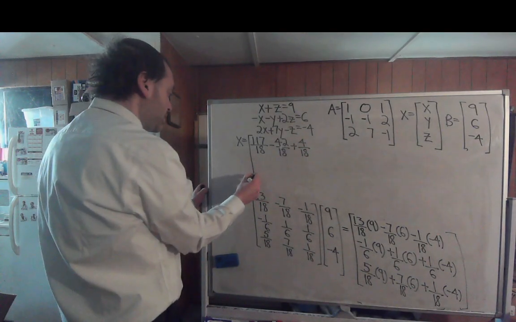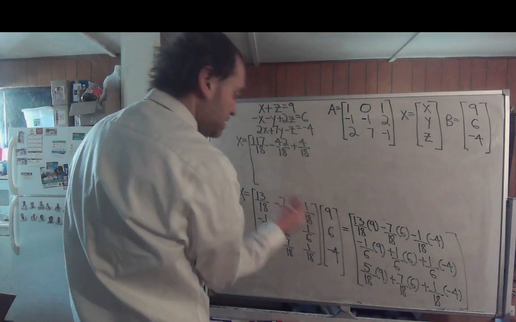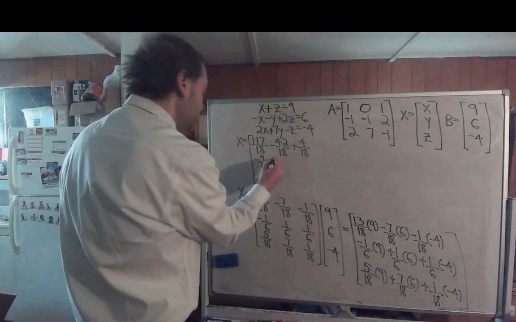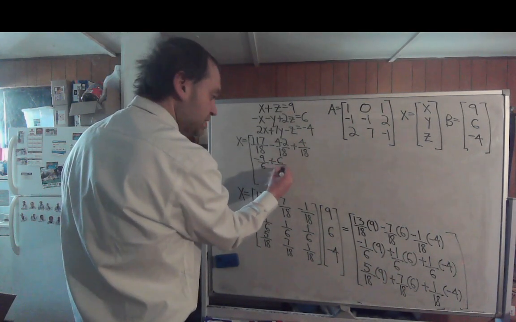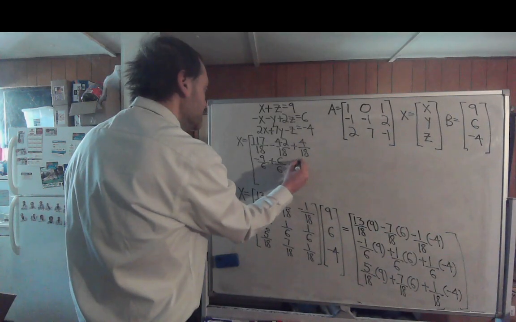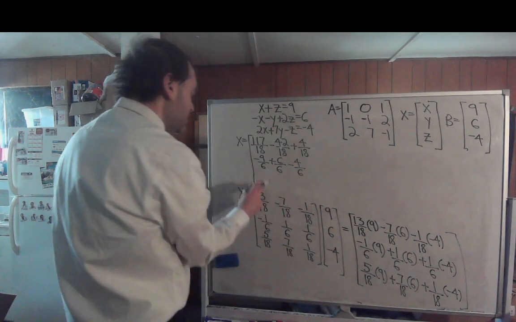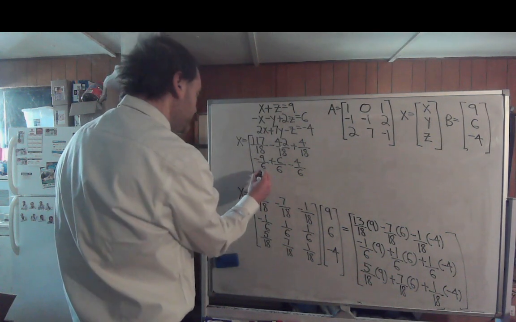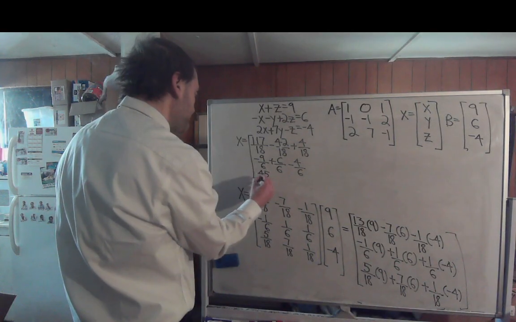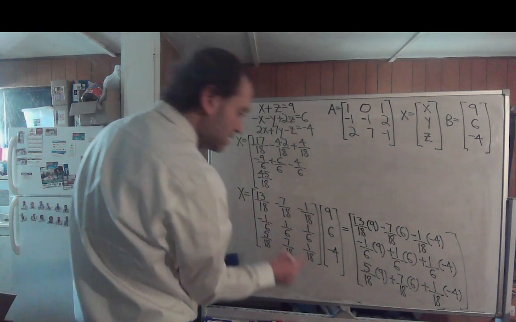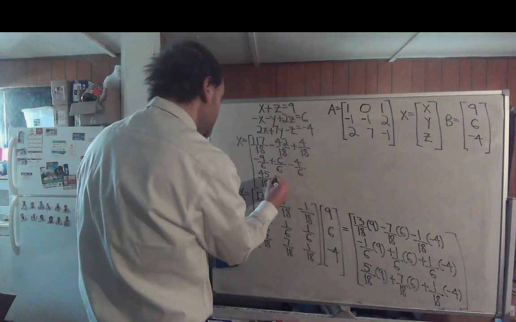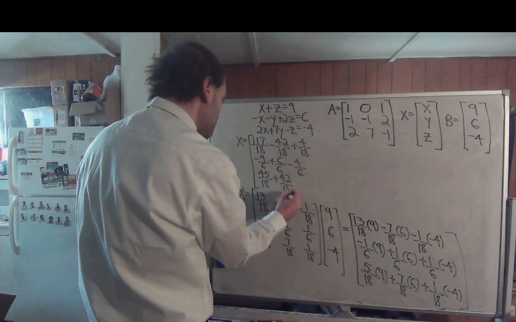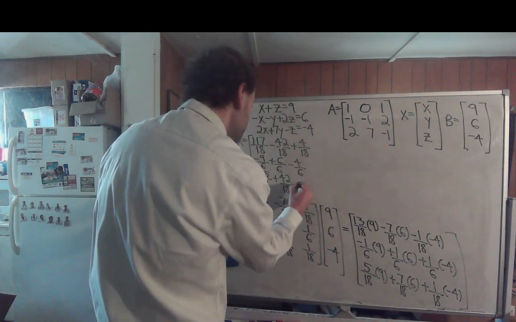Second row, you'll have minus 9/6 plus 6/6 minus 4/6. Third row, you'll end up having 45/18 plus 42/18 minus 4/18.